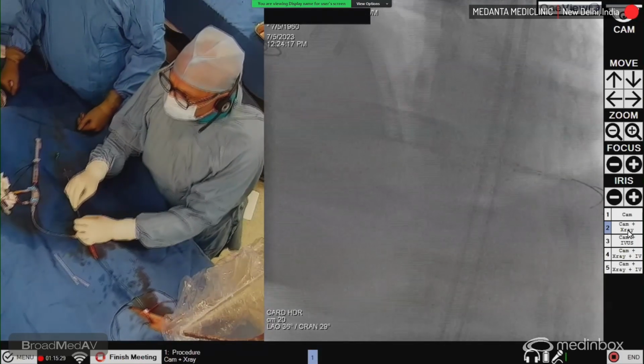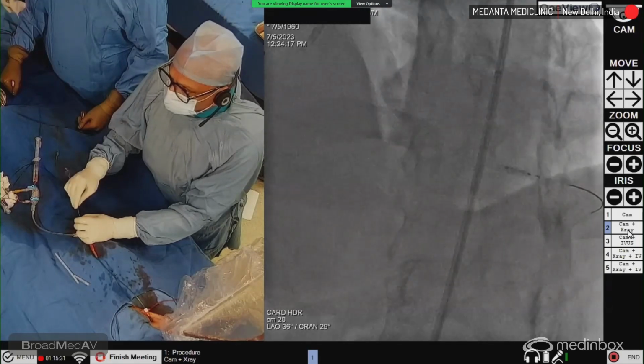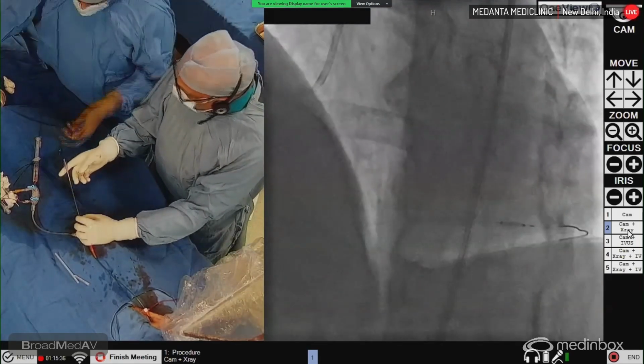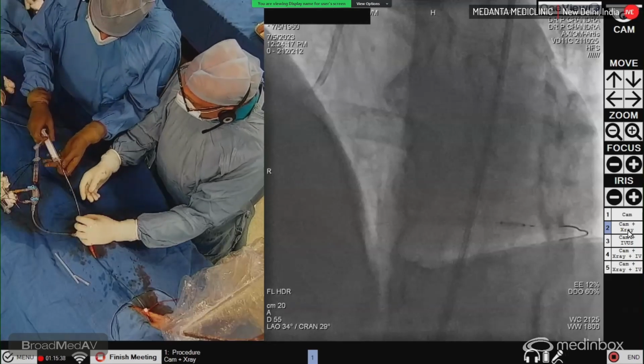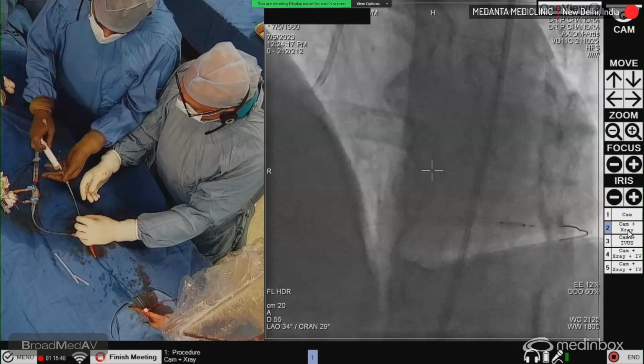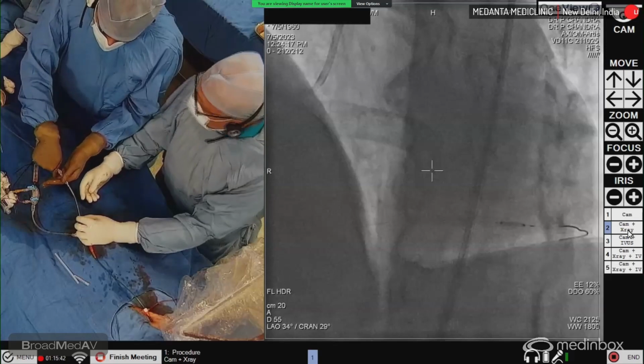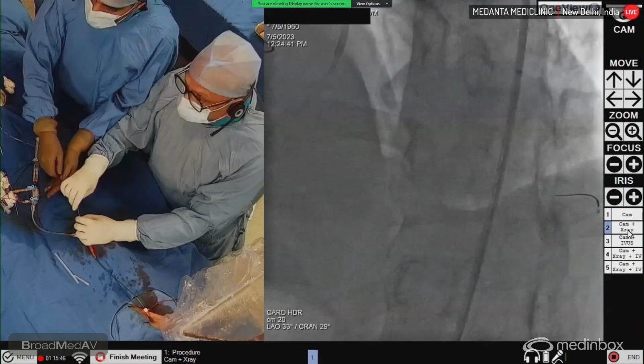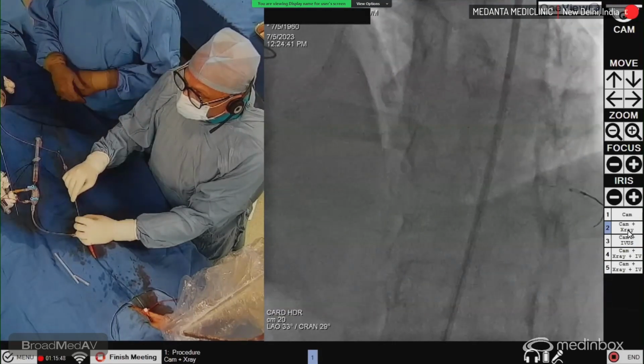Now you see it is moving so easily after the dilatation. Even without the help of the guide extension, we were able to go in. So it is always better to optimize the outcome, especially in 2.5 millimeter vessels.